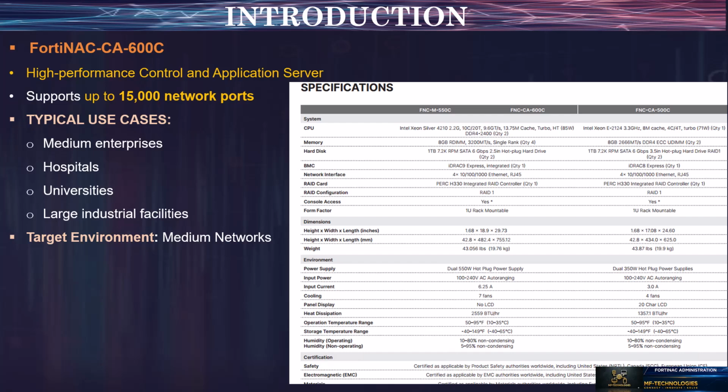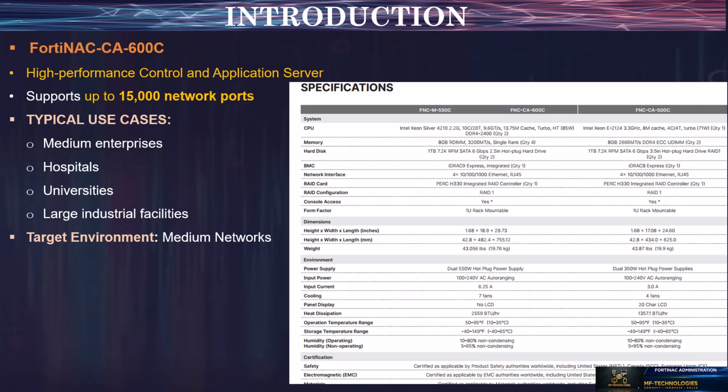Because of this diversity, the appliance must process large amounts of discovery, authentication, profiling, and policy enforcement data without affecting performance. So 600 provides the additional computing resources required for these larger deployments while maintaining the same Fortinet functionality you have already learned about.